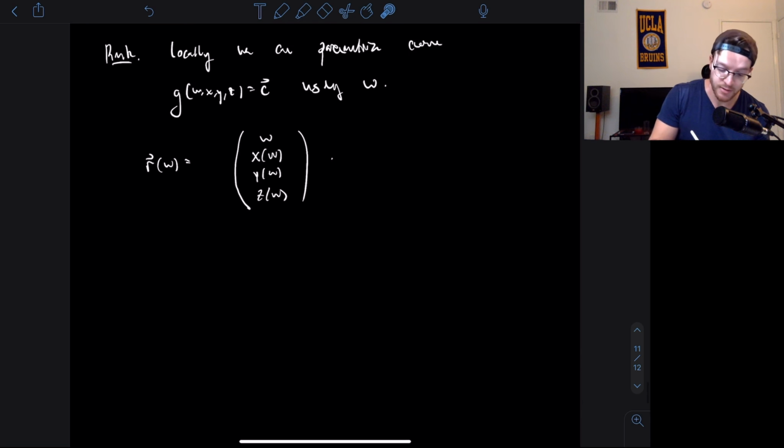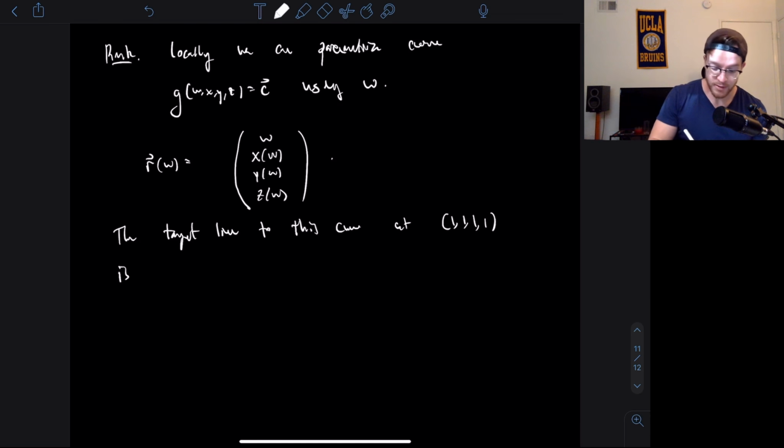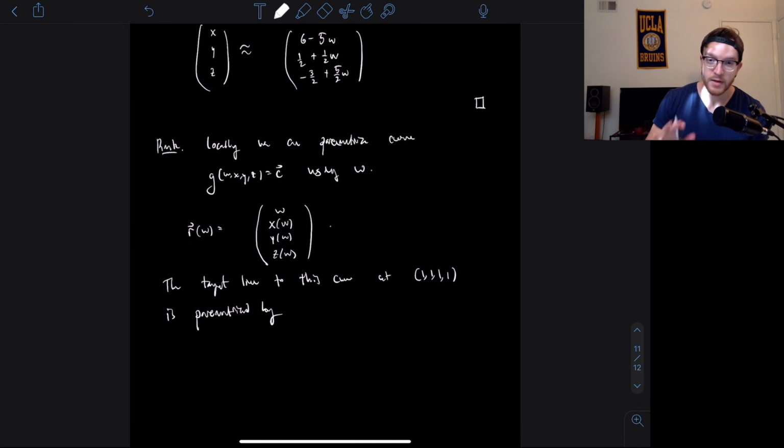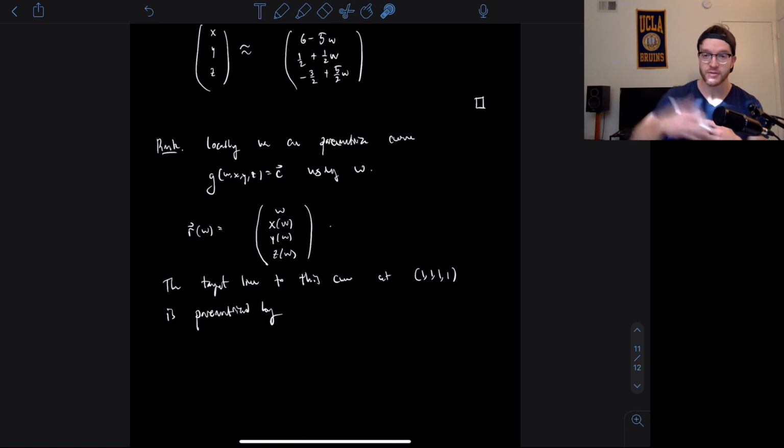So the tangent line at the point 1, 1, 1, 1 is parameterized by, right, so what this shows is that locally we can parameterize the curve using w, and this describes the tangent line to the curve.